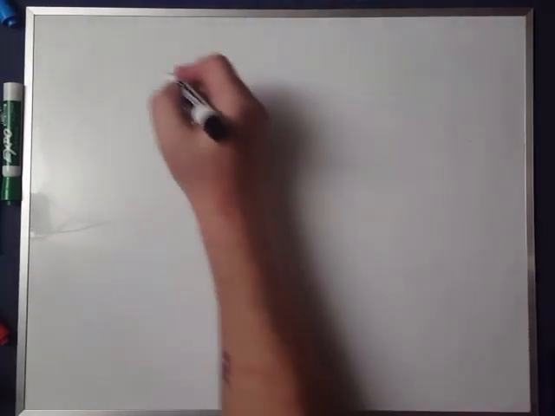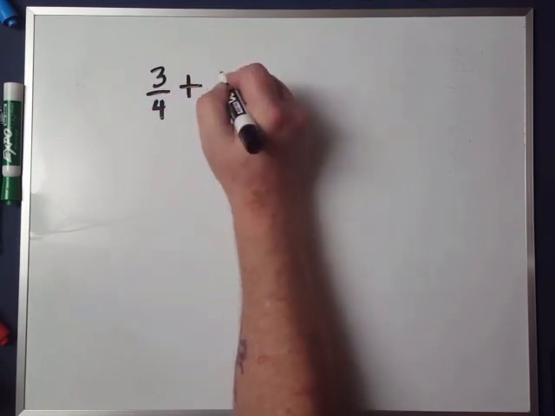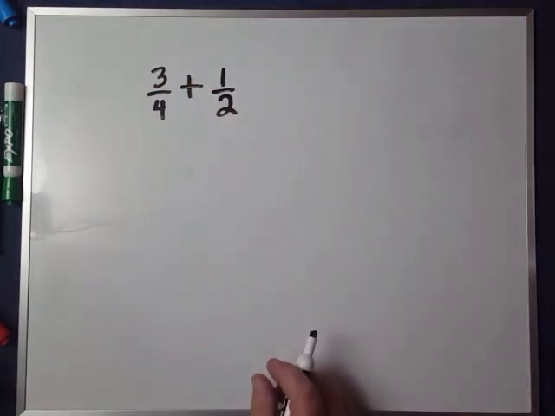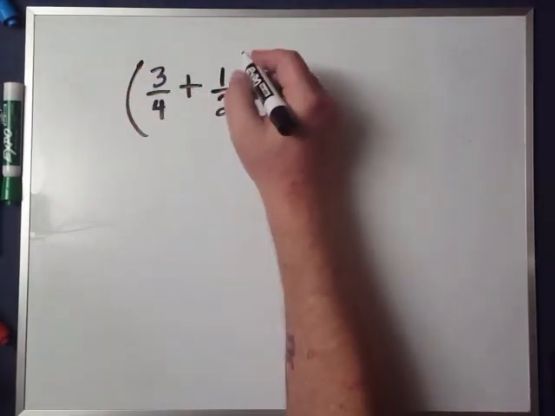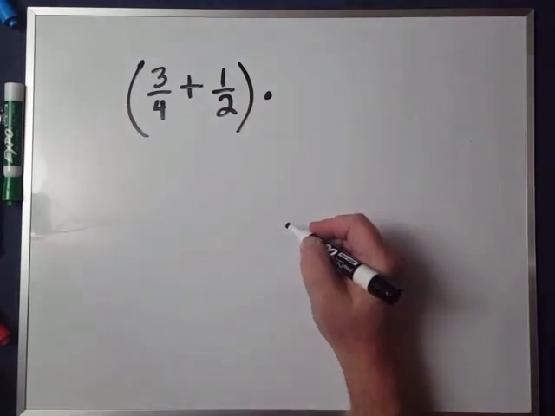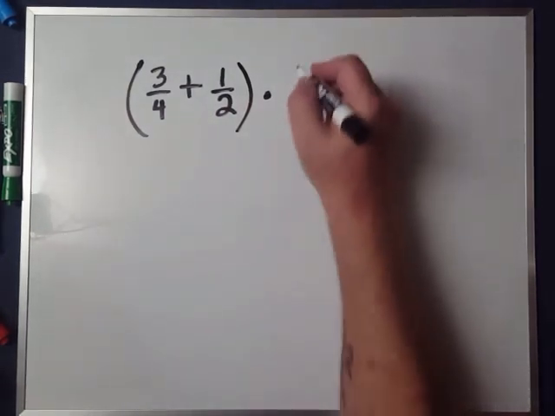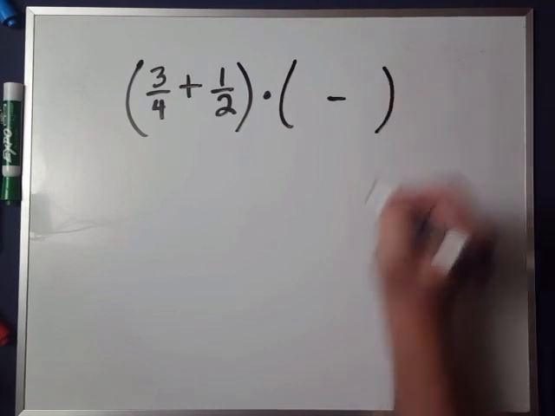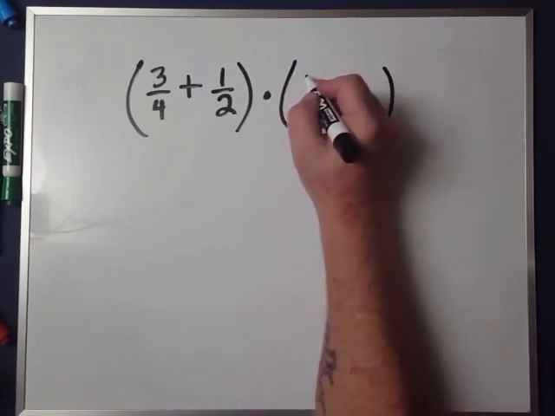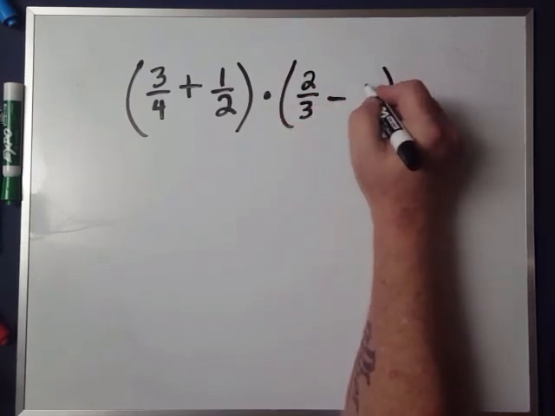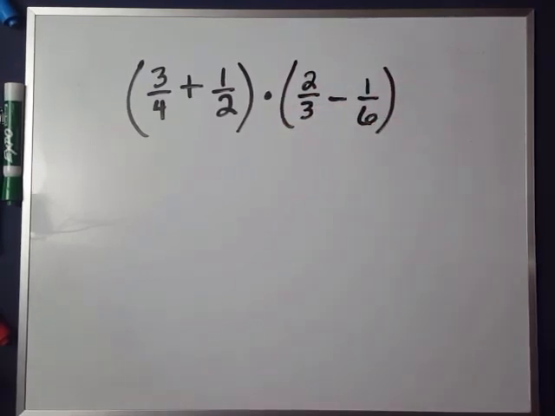The sum of what? 3/4 and 1/2. Comma. Meaning that whole thing now times what? Times the difference. Times some difference. The difference of what? Or I might say the difference between 2/3 and 1/6. So there's our translation.